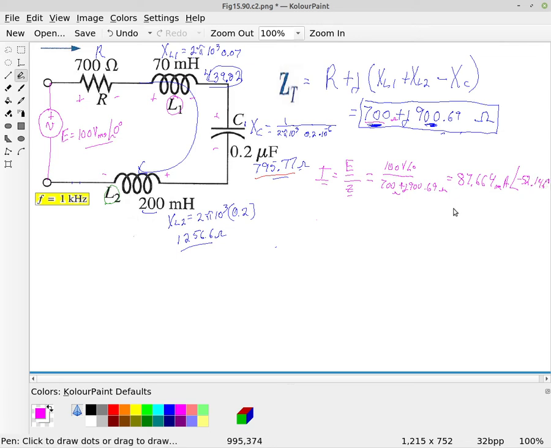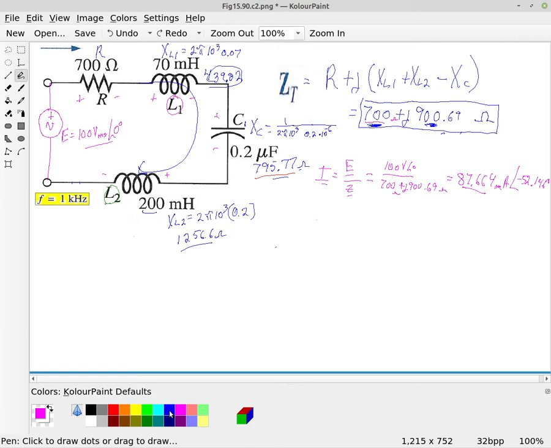And again, I'm just carrying out all 5 digits for my individual calculations. So if I'm going to put it into Blackboard, the answer would be 87.7 milliamperes at an angle of minus 52.1. So that would be the result that we would want to put in Blackboard.